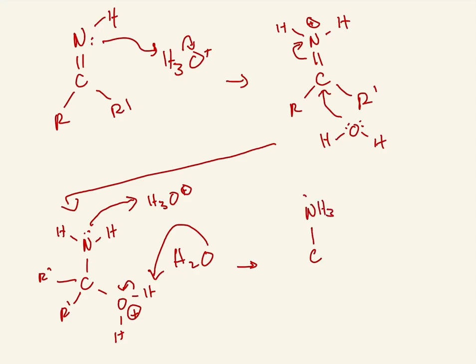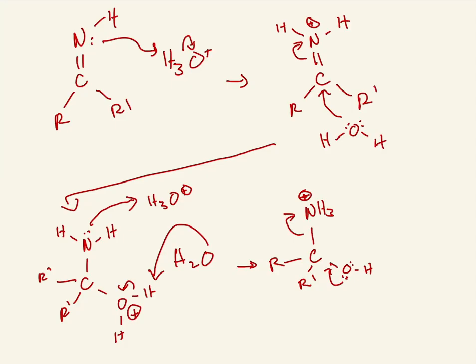So now we have NH3 plus here, OH, R prime, R, and then we basically get the movement of these electrons between the carbon to form the carbonyl, and then the abstraction, the NH3 plus, is a good leaving group now. So then this is abstracted from the compound.